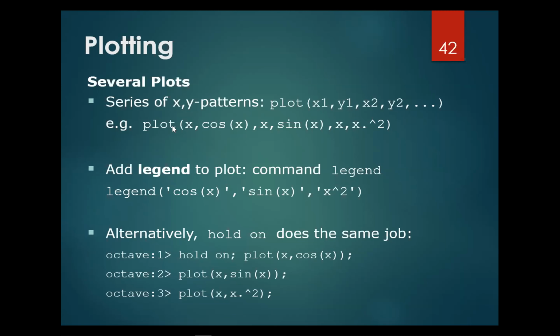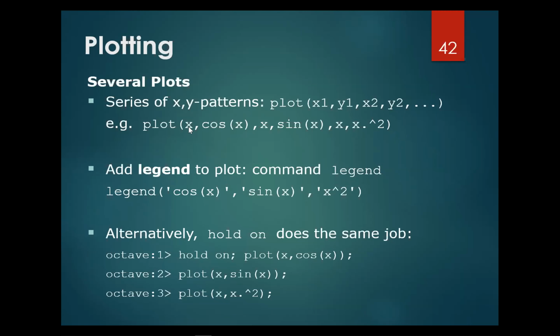It is plots. Then the first graph is x cos x. You can decide to use the same x for the other functions if they are using the same values, the same independent variable, then they can all share. But if they have their own values, you can also specify as we have given in the general one.